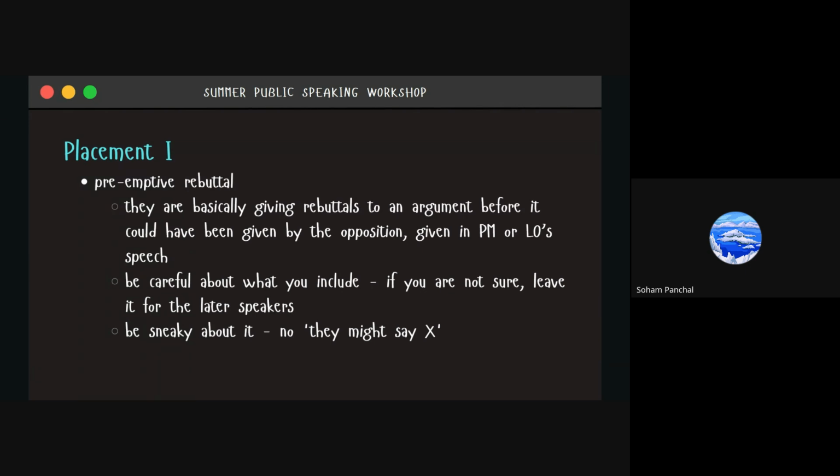So be sneaky about it. Say the rebuttal in a case like: on the contrary, the problem which could come up from the opposition is Y, and the Y does not stand because of some Z, A, B series, something like that.